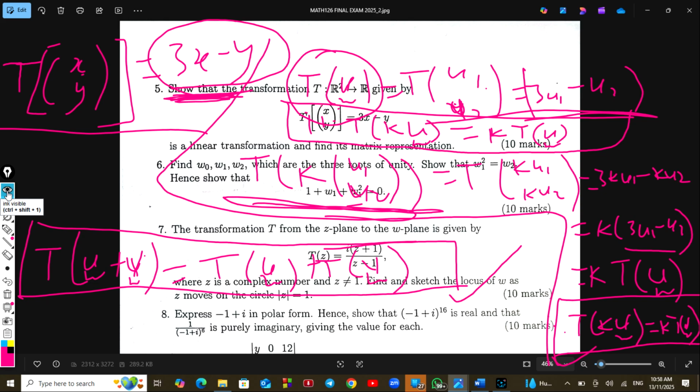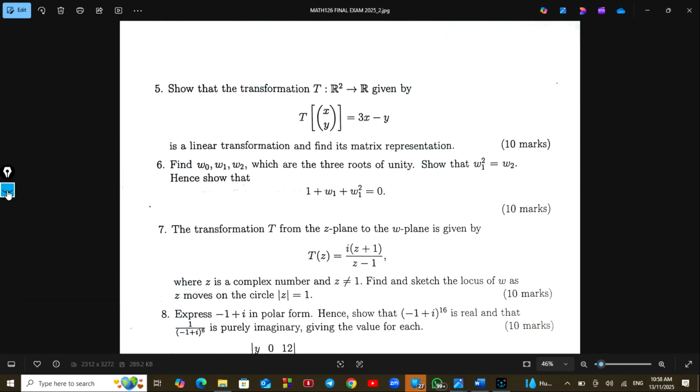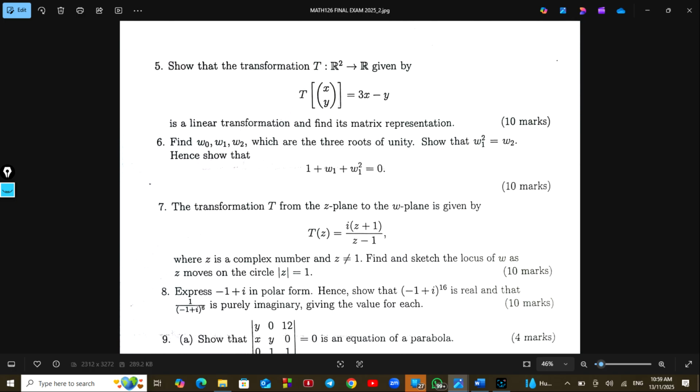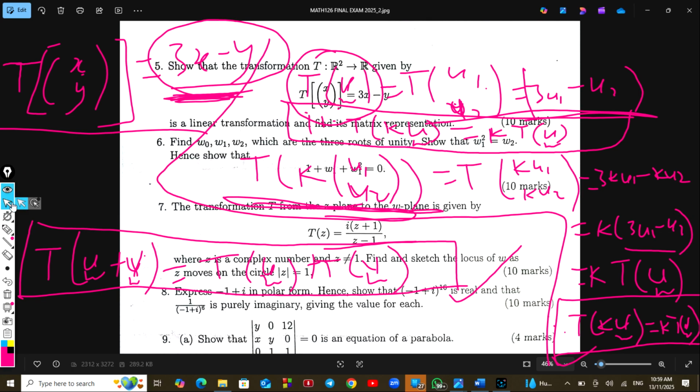Let me close the solution now. So the question is in two folds. So show that this transformation is a linear transformation, and find its matrix representation. So now we are left to find what? The matrix transformation.